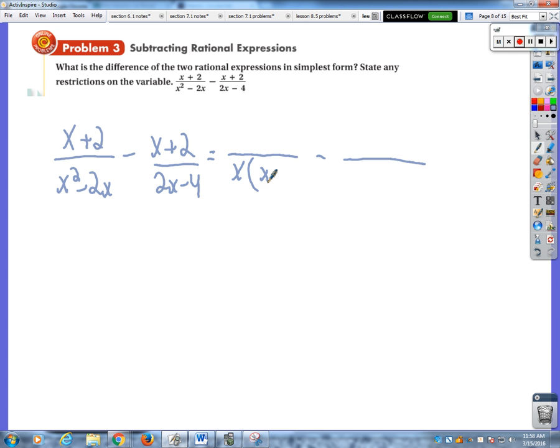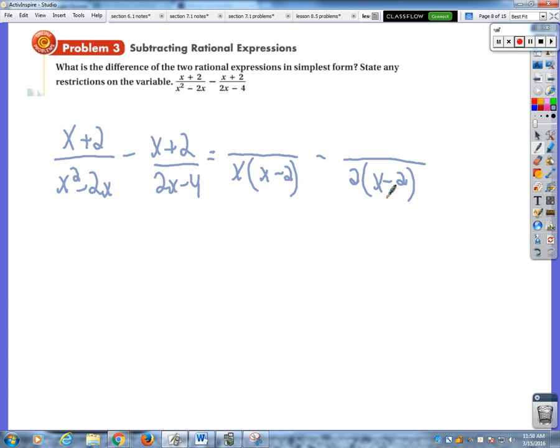Negative 2. Okay, Jasmine, what can I factor out of 2x minus 4? Good. And when I do that, what am I left with? X minus 2. Good.